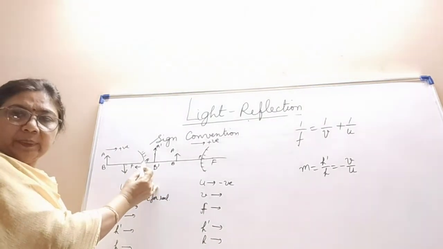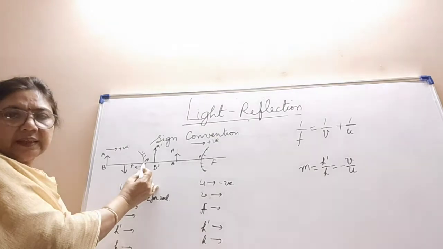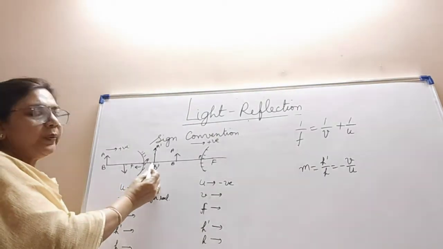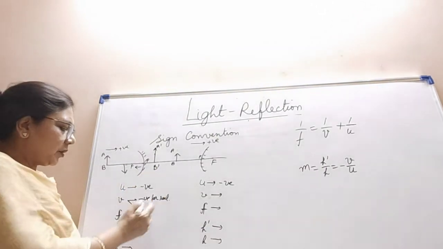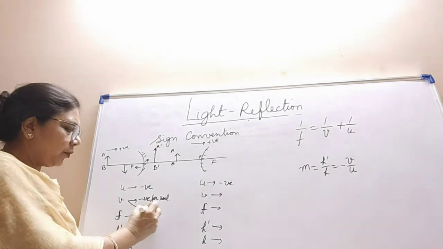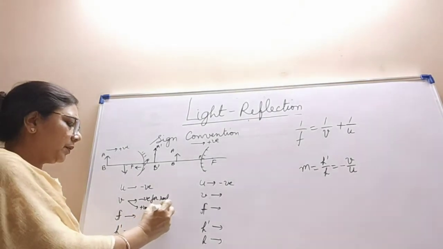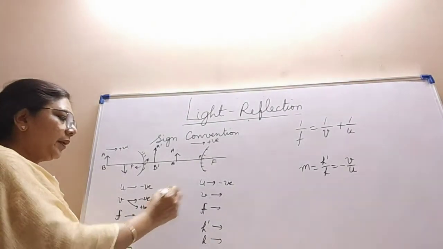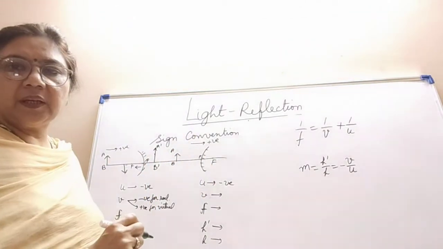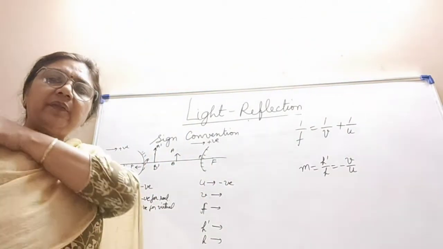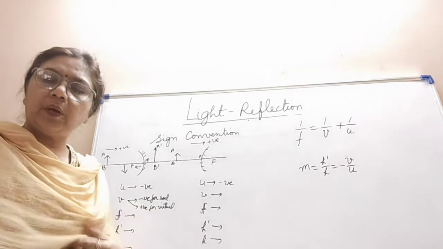You have to remember that 0 of the scale is at P. So from P to B dash when we go, this is positive. So it is positive for virtual. Now in the case of the convex mirror, we are always getting a virtual image.